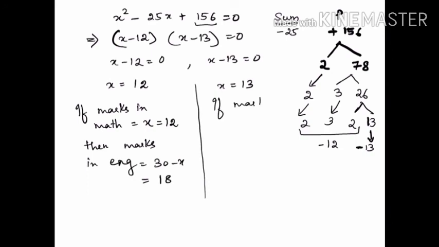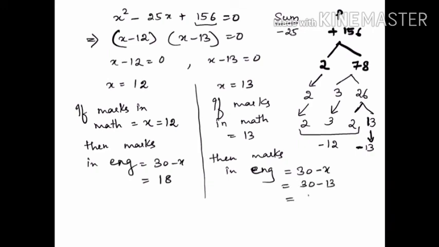If marks in maths are 13, then marks in English will be 30 minus x, that is 17. Both answers are acceptable.